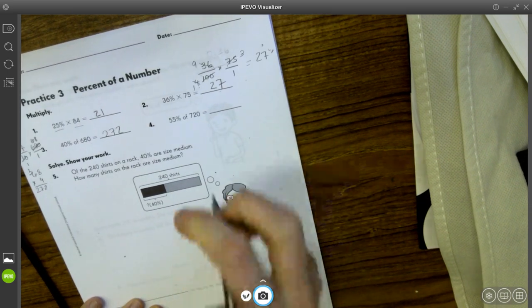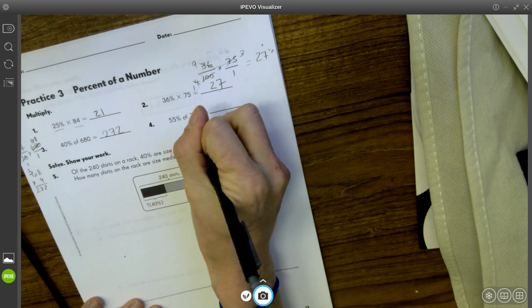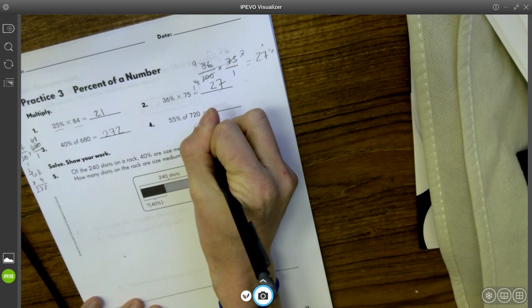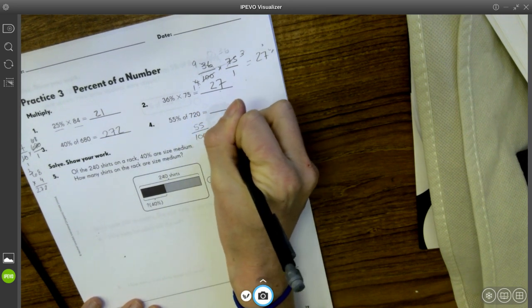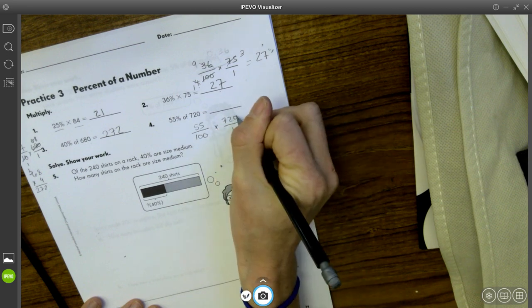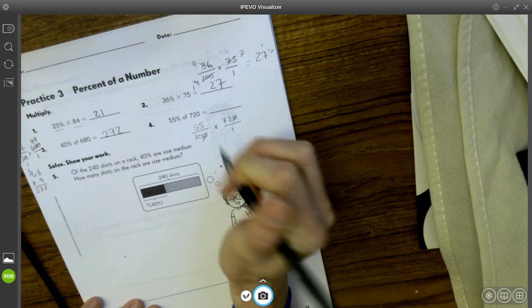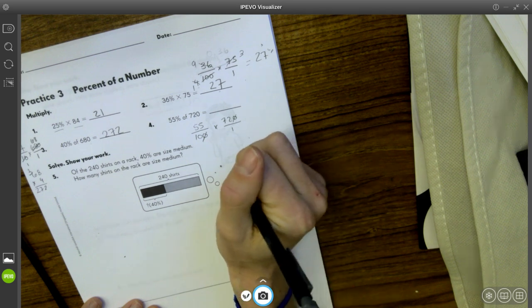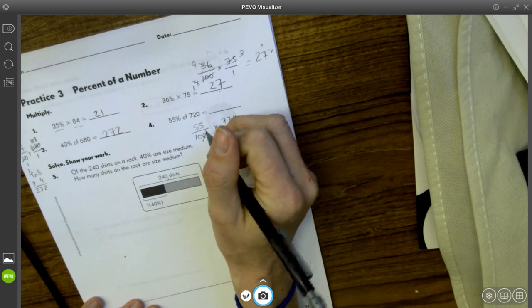All right, and 55% of 720, 55 is about half. So 55 out of 100 times 720 over 1, divide by 10, divide by 10. Let's go, what do I want to do here?